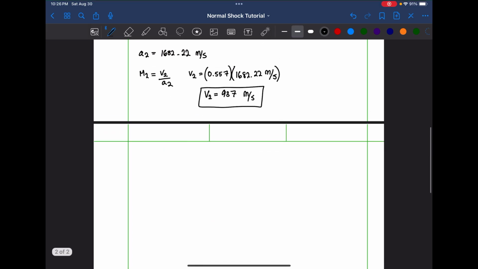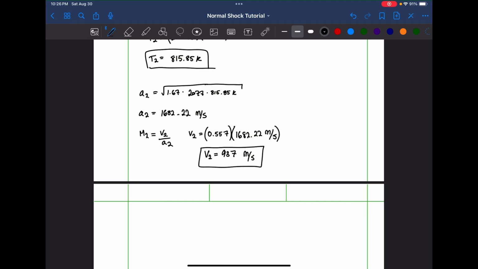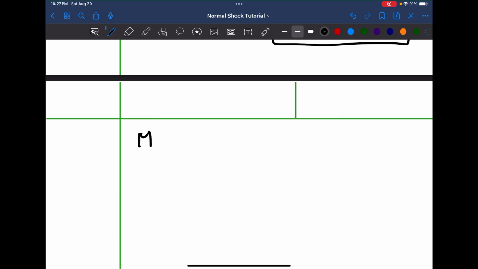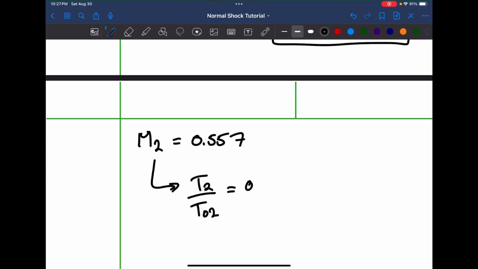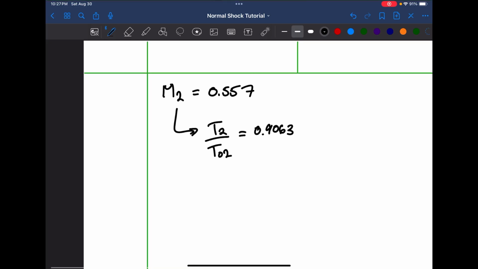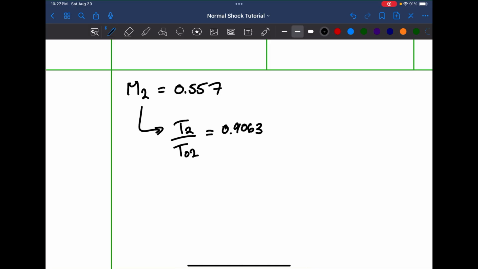From our isentropic flow tables, using a Mach number 2 of 0.557, that gives us a T over T naught of 0.9063. Okay, so we've got T2, we don't have T naught 2. We'll go ahead and sub that in.